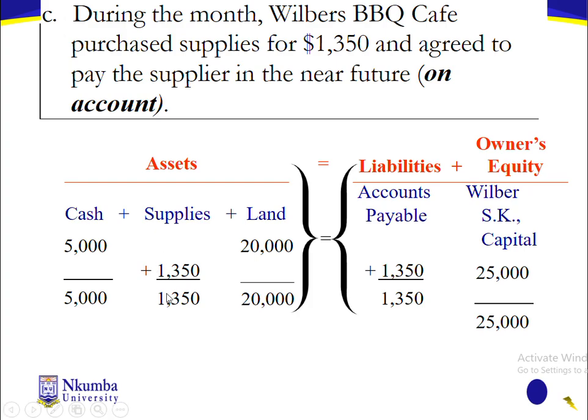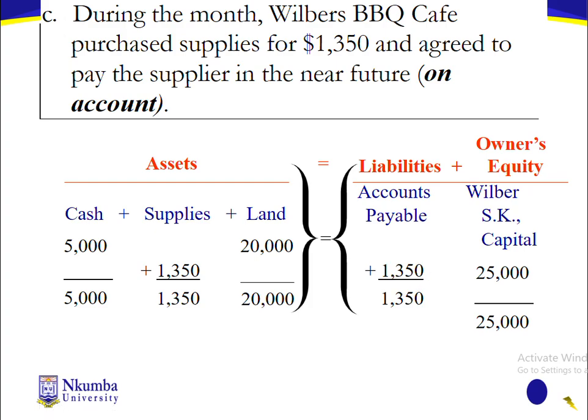Because we have bought these goods on credit, it does not affect cash. But we have increased the supplies, and a liability due to accounts payable increasing by $1,350 has been incurred.